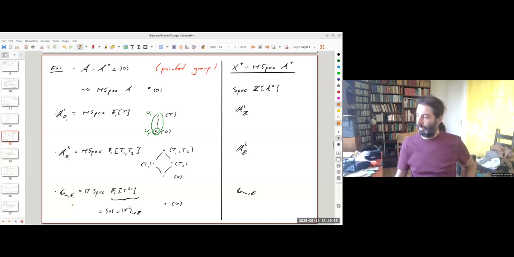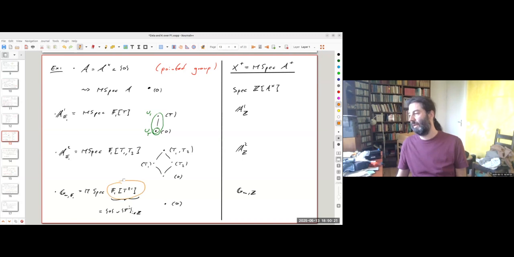Something that is a little bit different is if we take the multiplicative group scheme. This would be where we take F1 adjoined T, but we invert T. What's happening then is that T becomes invertible. So again, all elements are invertible.